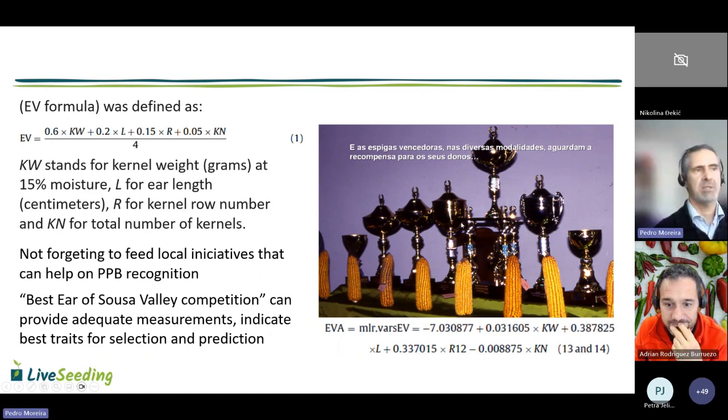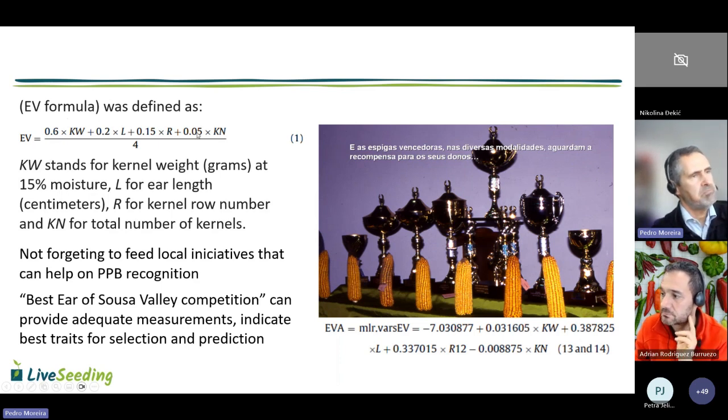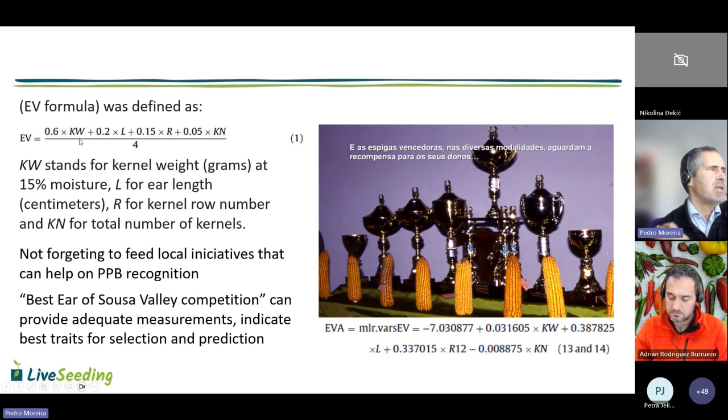You can see there were nice prizes. In the first year things were not very sophisticated, but then the breeder knew about this, talked with the organizers, and introduced this formula.